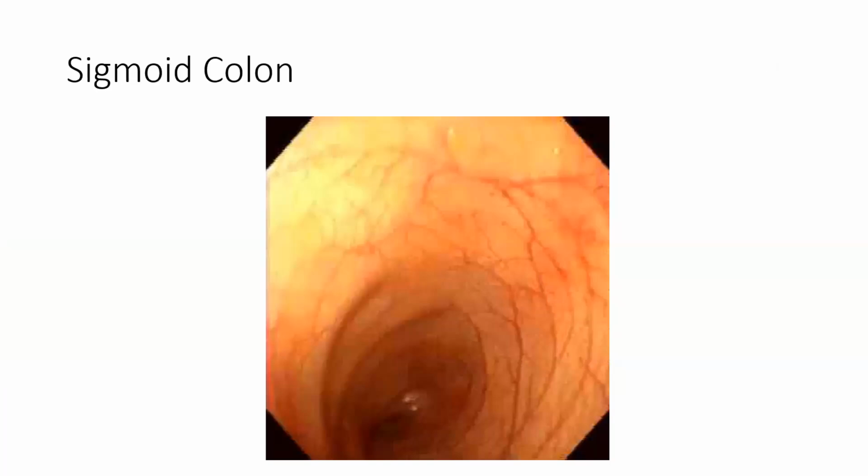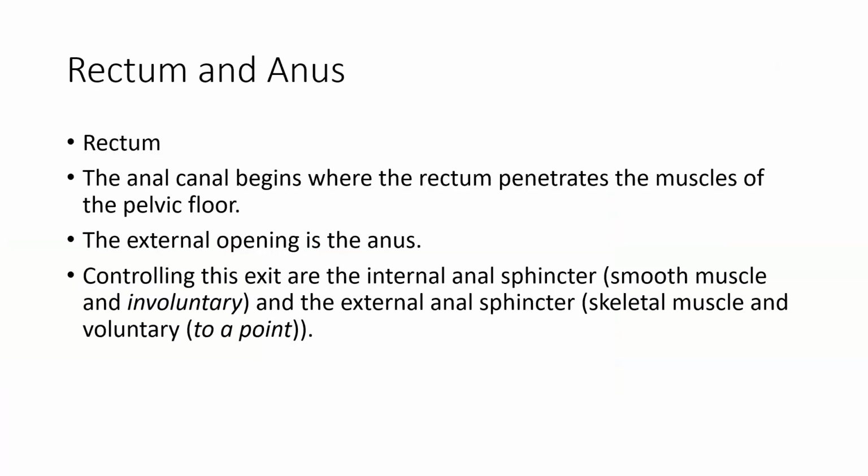Okay, there's the sigmoid colon, which sort of looks like nothing, but that is the juncture between the descending colon and the rectum. We have the rectum penetrating the pelvic floor, leading to the anus, and we have sphincters that surround the anal canal that are both involuntary and voluntary.